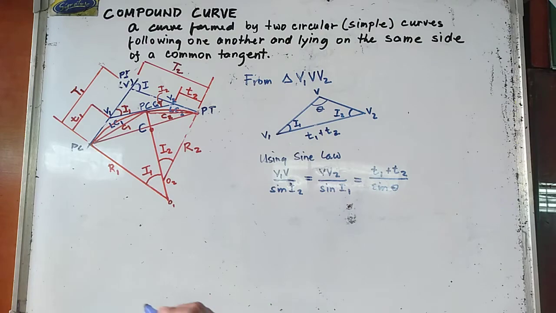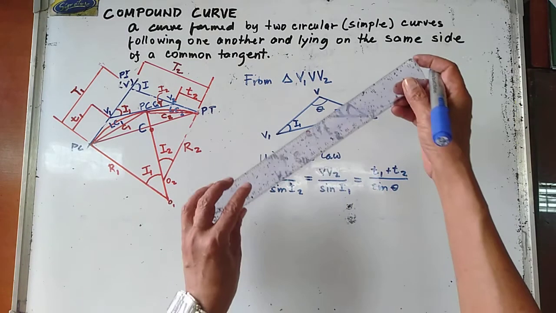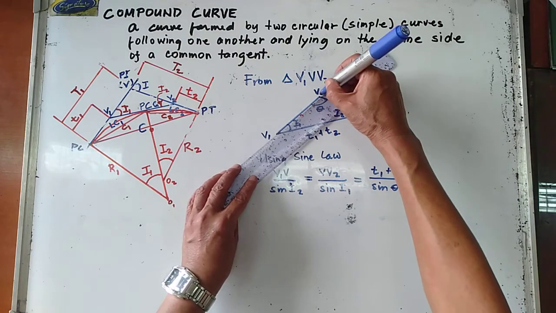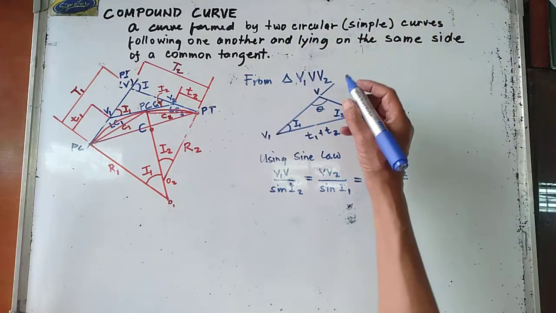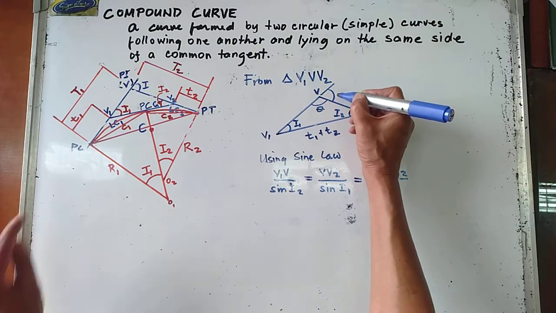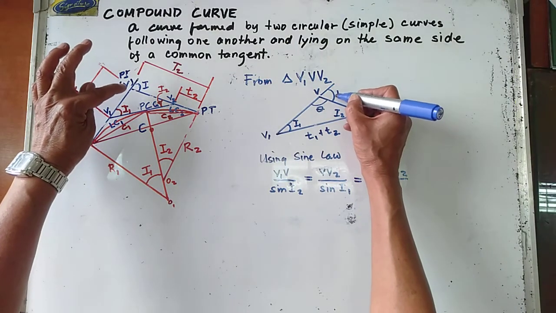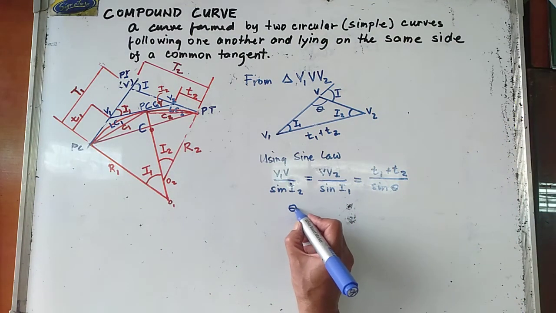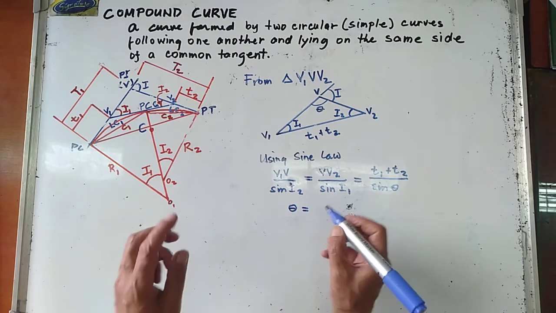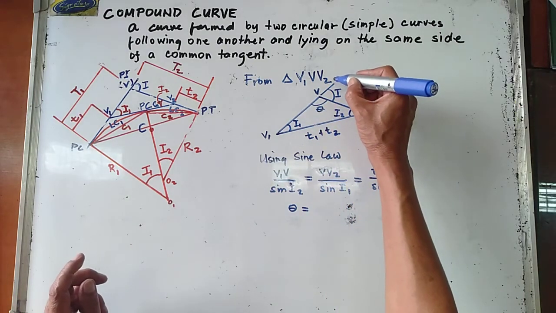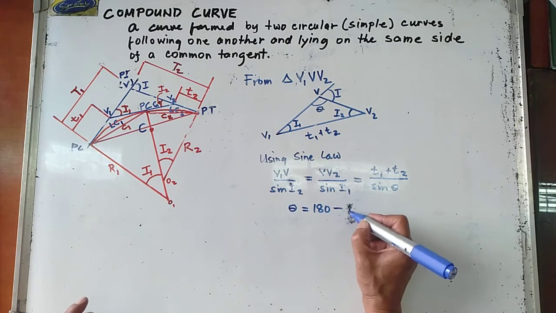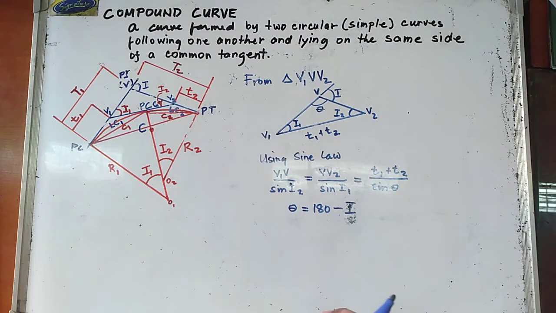So what is therefore your theta equal to? Now, if you try to prolong V1V, this angle is equal to the angle of intersection of the compound curve. Hence, your theta is equal to 180 minus the angle of intersection of the compound curve.